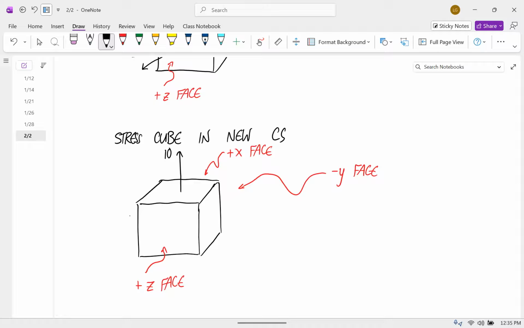So we have a 5 in the negative Y direction, and a 1 in the negative Z direction.